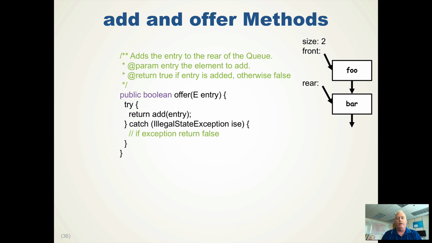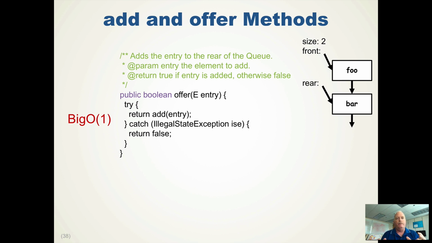If the queue had a fixed size, or for whatever reason we throw the illegal state exception, we return false, and that indicates that offer failed to add the thing to the end of the queue. And again, since add is big O of 1, there's no looping. The big O of the offer is 1.